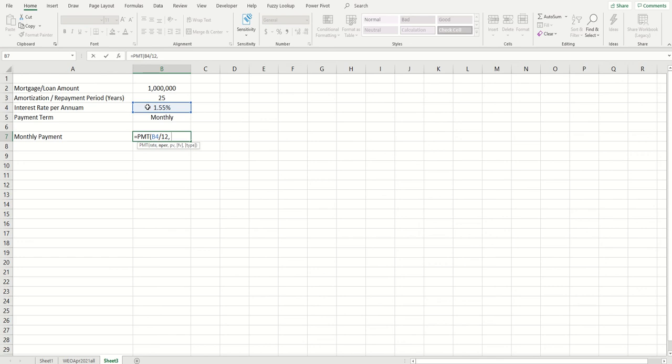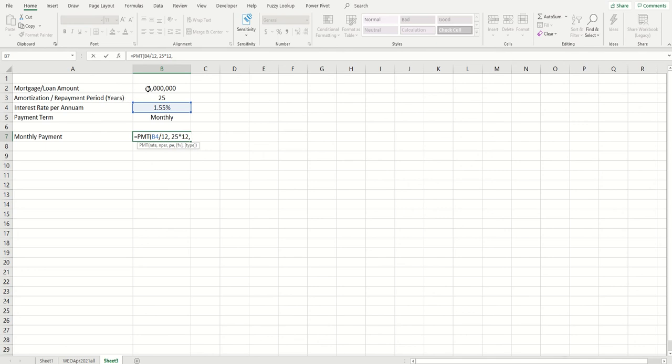Then comma, then number of periods. So the amortization or repayment period. You're going to repay this loan in 25 years. So in 25 years, if you pay monthly, how many months would there be? You have to multiply 25 by 12 because every year will have 12 months. Now comma and PV. PV is the loan amount.